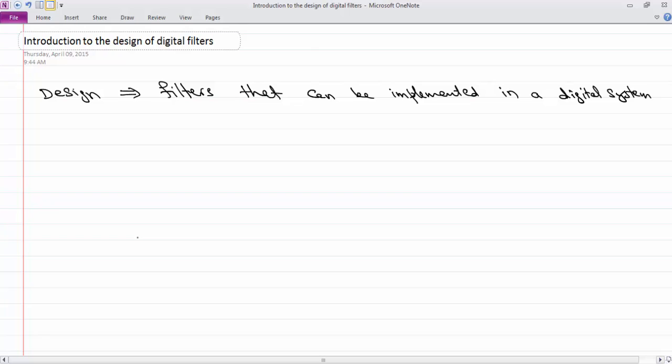And the reason for that is, when I say they can be implemented, let me remind you that so far we have talked about ideal filters, but ideal filters cannot always be implemented.